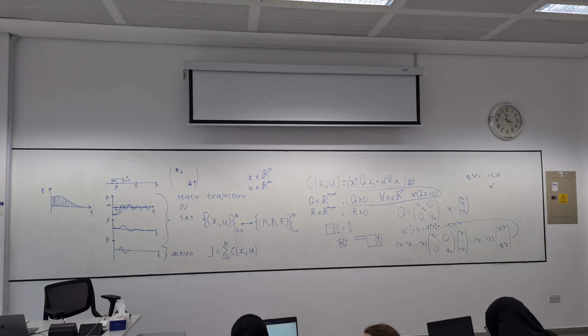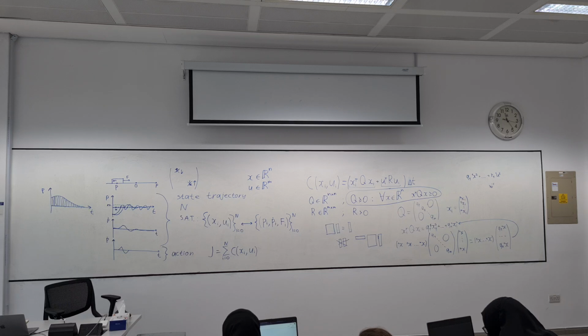So we can create two blocks, an instance of this. And your U is a control function.